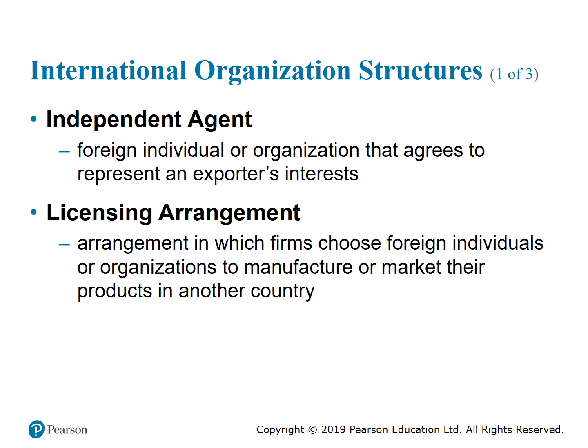In this licensing arrangement, the licensor grants the licensee the rights to produce and sell goods, to apply a brand name or trademark, or to use patent technology owned by the licensor.